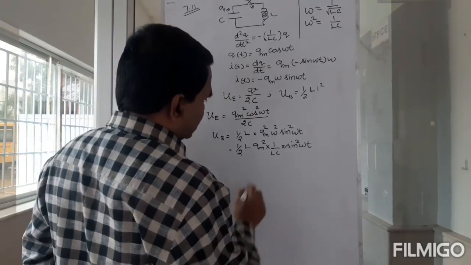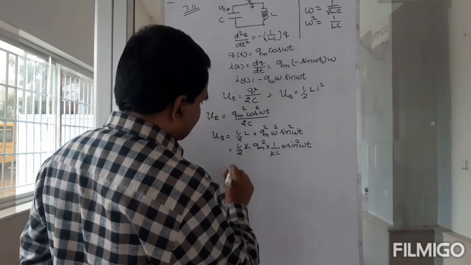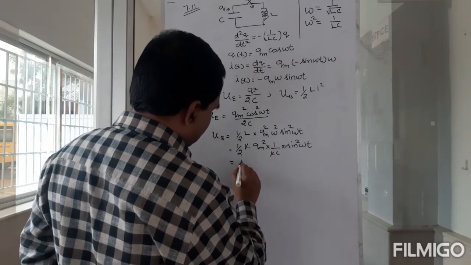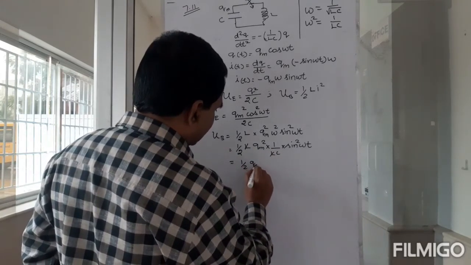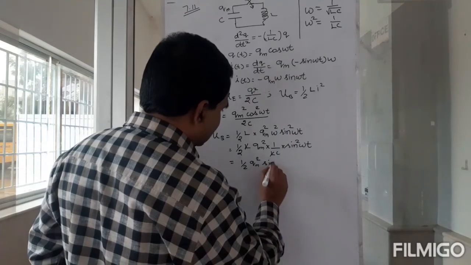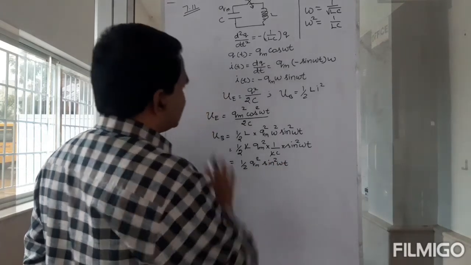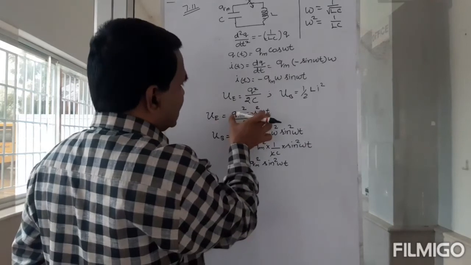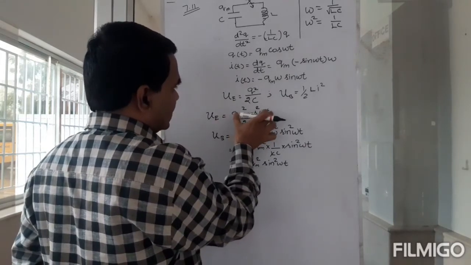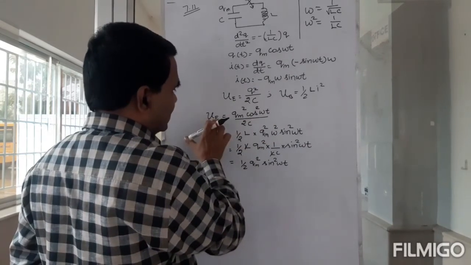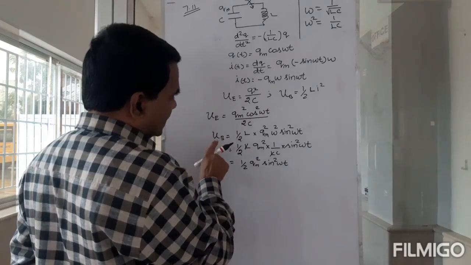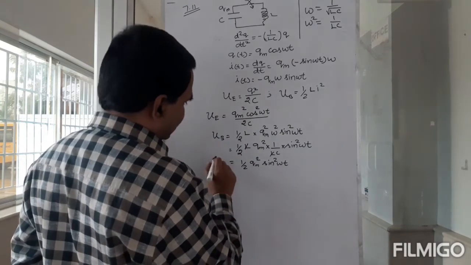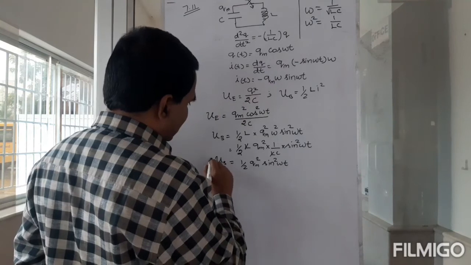So this L and this L cancel, and this is equal to half Qm squared sine squared omega t by C. This is the energy in the capacitor at any time t, and this is the energy in the inductor at any time t. So that's UB.